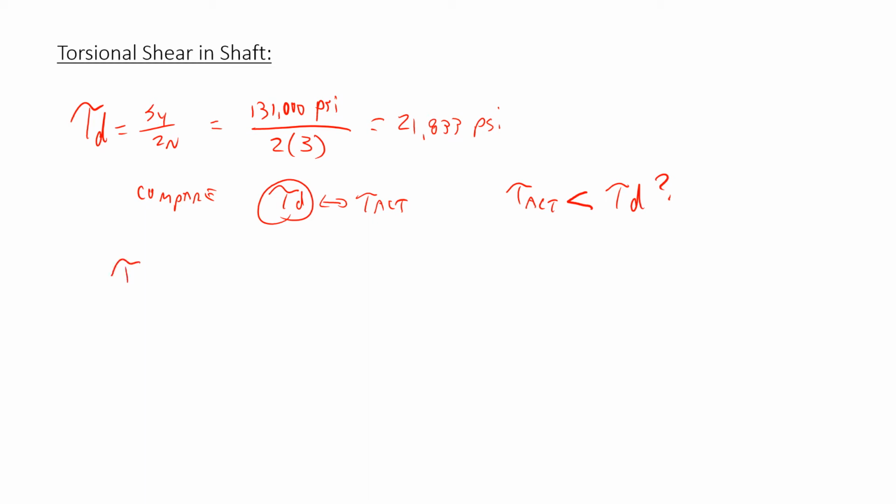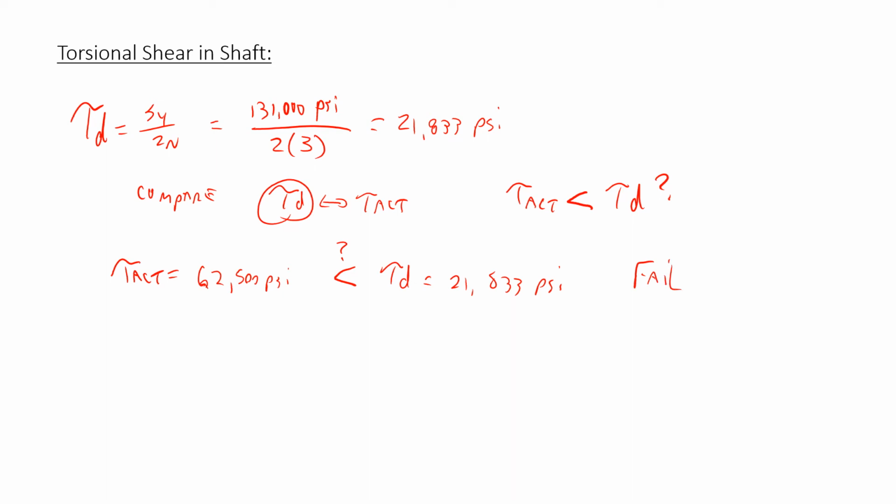So if we go back and look at our actual stress, that was 62,500, and our design stress, which is 21,833, and we have a problem because our actual stress is greater than our design stress. So that's going to fail on us. So we can't use that. That's not going to work.